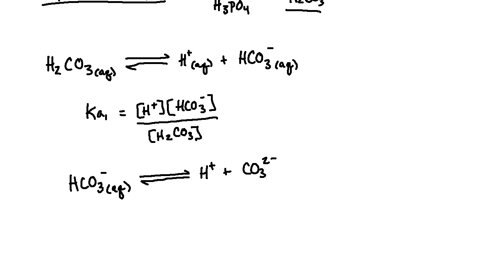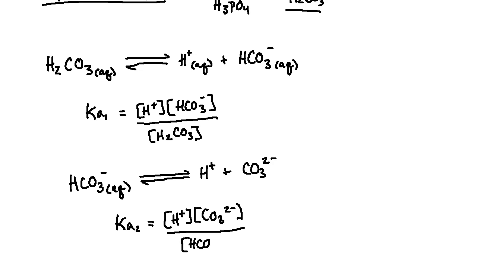So in this case, you're going to have a Ka2, and the Ka2 is going to be H plus times CO3 2 minus, over what is now considered the new acid, HCO3 minus.